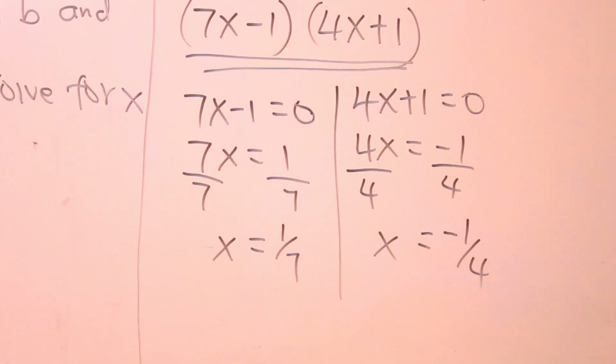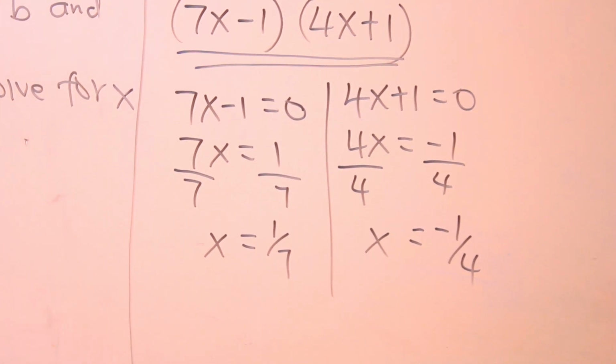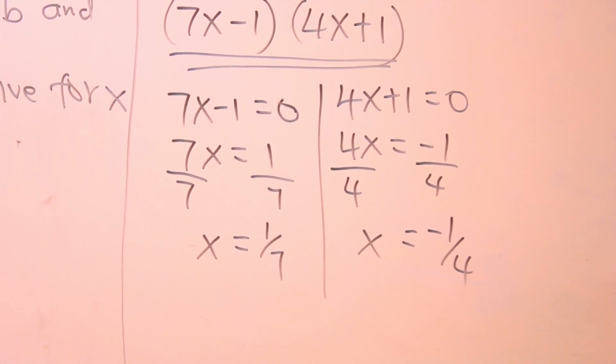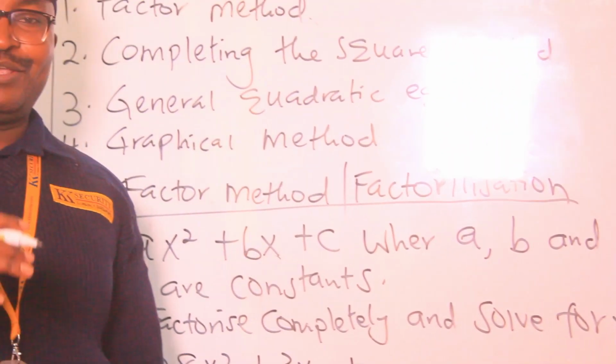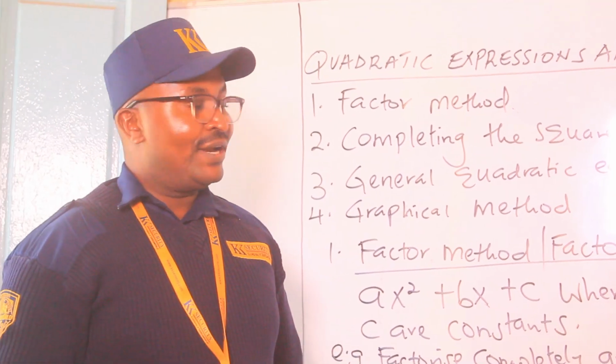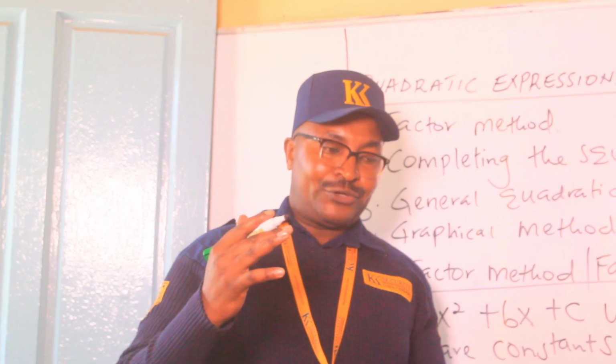So that's one example that I've used to demonstrate to my viewers and the students how you can use the factor method to solve a quadratic equation. I'm going to give you a task so that when you get your free time, you can also solve this equation through factorization.